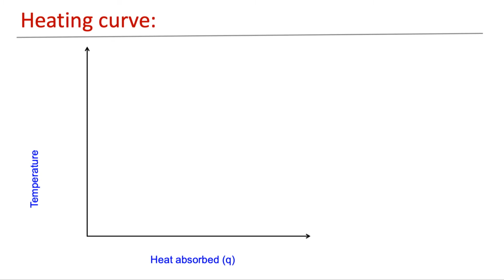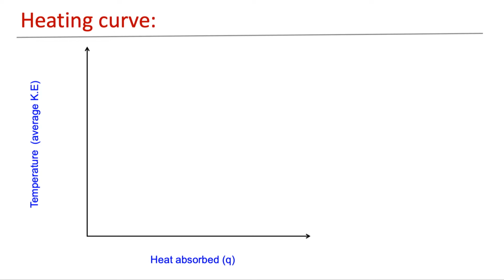Before going any further, I want to restate that the temperature of a substance is a measure of average kinetic energy of all the particles in that substance. That is, as the temperature increases, the average kinetic energy of the particles increases.